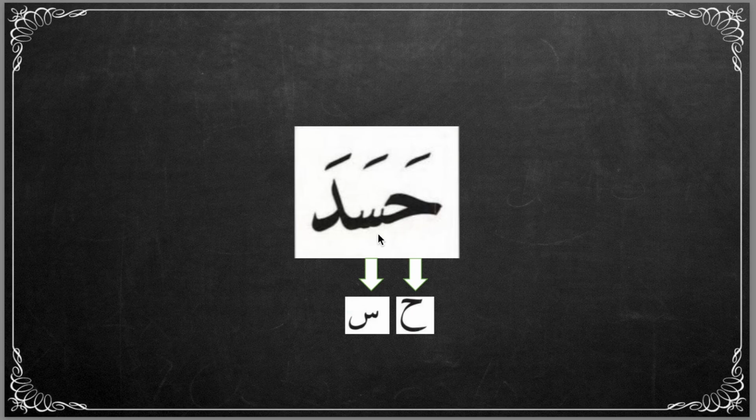The next letter is the letter sin, and here we don't see the sin in the full form, we just see the two bumps, just the head, because it's connecting to the previous letter and the letter ahead, which is the letter dal. So all together, we will say ha, sa, da. Hasada.